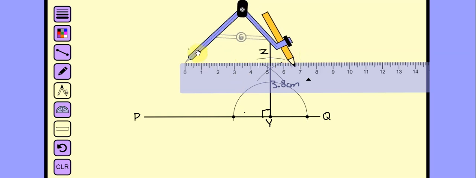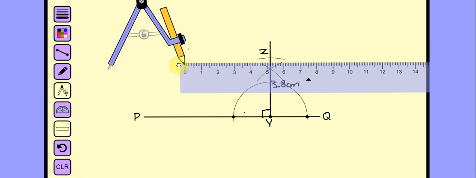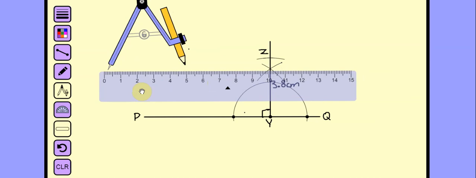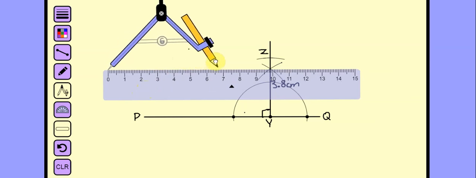Alright, if only this compass will allow me. Let me carry it away from the drawing and see. All right, there we go.